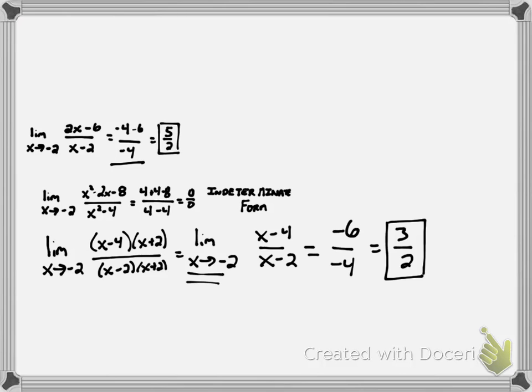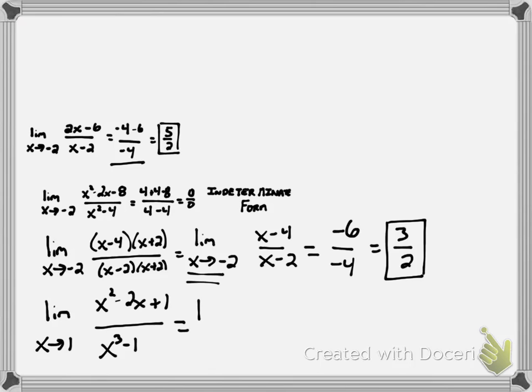Last example, we'll consider the limit as x approaches 1 of x squared minus 2x plus 1 over x cubed minus 1. Now you might consider substituting 1 in initially, and that's fine.